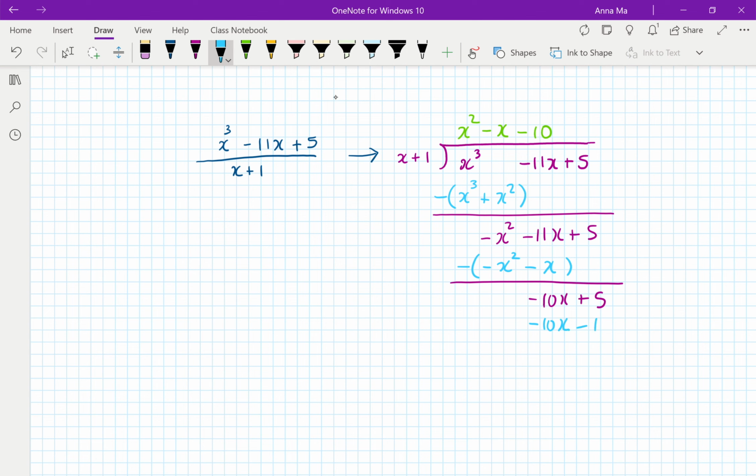Multiply with the constant, I get negative 10. Subtract it away, I should get 5 plus 10, 15. So that's my remainder, which means my result this time will be a quadratic plus remainder over divisor. It will get very repetitive, so once you get the gist of it, it shouldn't be too bad.